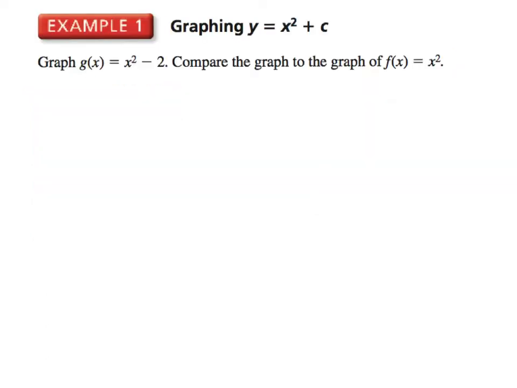So in example 1, let's graph the function g of x equals x squared minus 2. All we're going to do is take our parent function x squared, and we're going to slide it down 2 spaces.